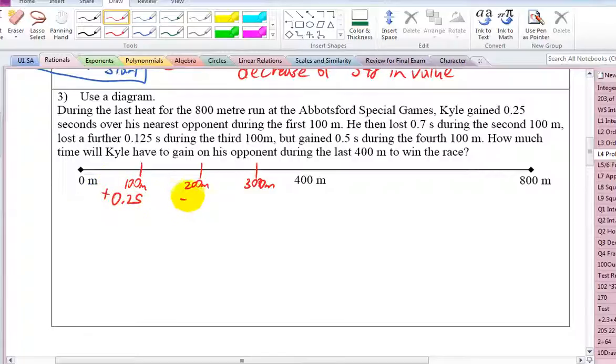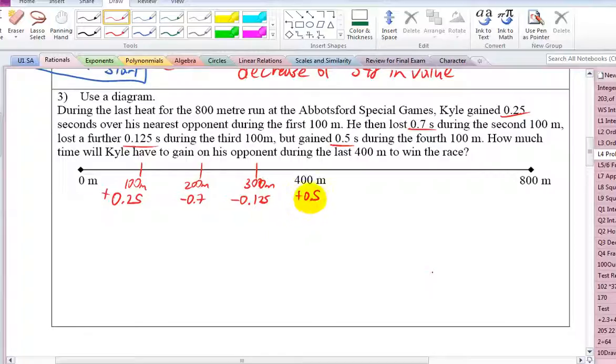Then he lost 0.7 seconds in this segment of the race. Okay. Then he lost 1.125 seconds. And then he gained 0.5 seconds.